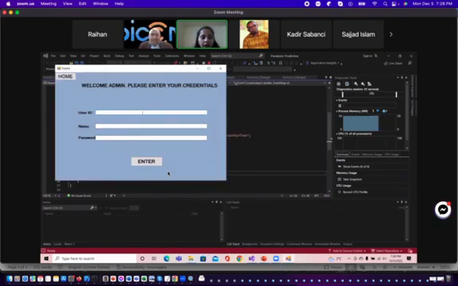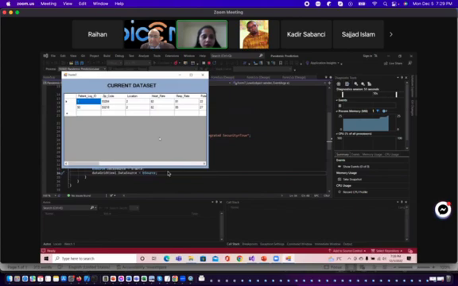So the admins are the developers of this software, or maybe those who are managing the users and managing the data set, who are working as researchers for some institutions. They have their user ID, name, and password. If I input them, the password will not be shown. It will be hidden using stars.